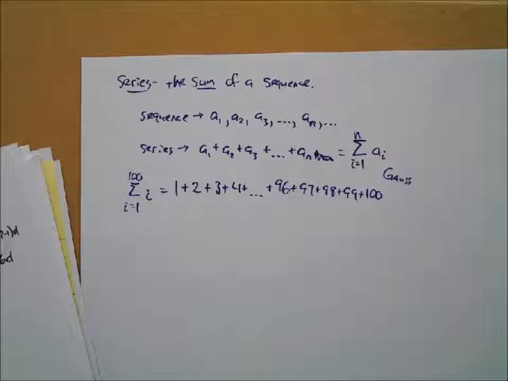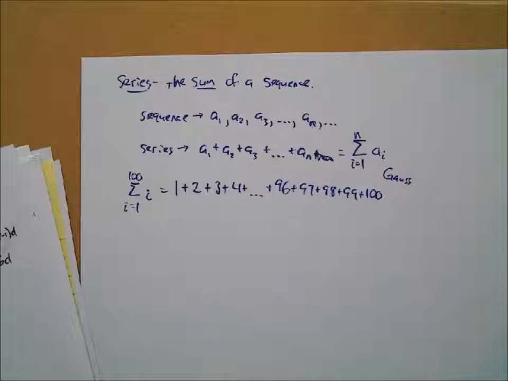The class was particularly unruly, and so the teacher was looking for a brief break from having to control this crazy class. So the teacher came up with the idea of giving the elementary school students a problem to do. They posed to them: come up with the sum of the first 100 counting numbers, right?